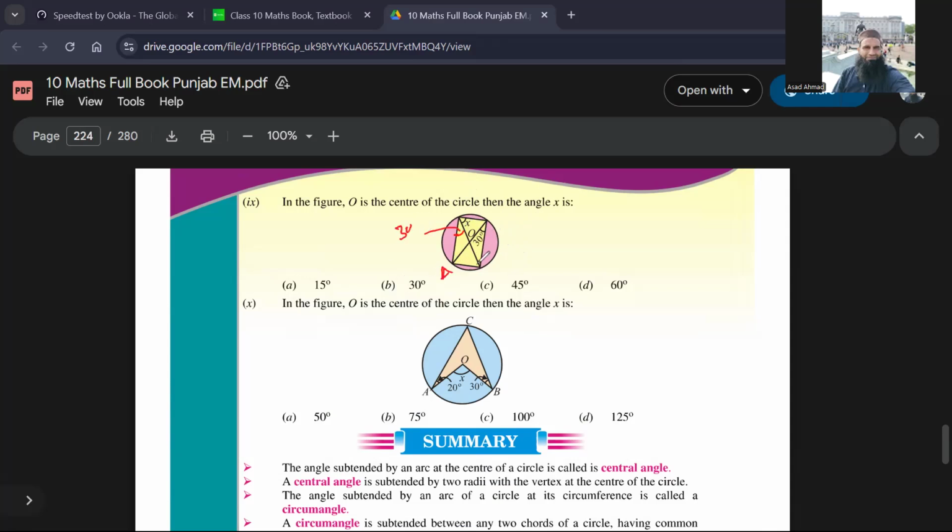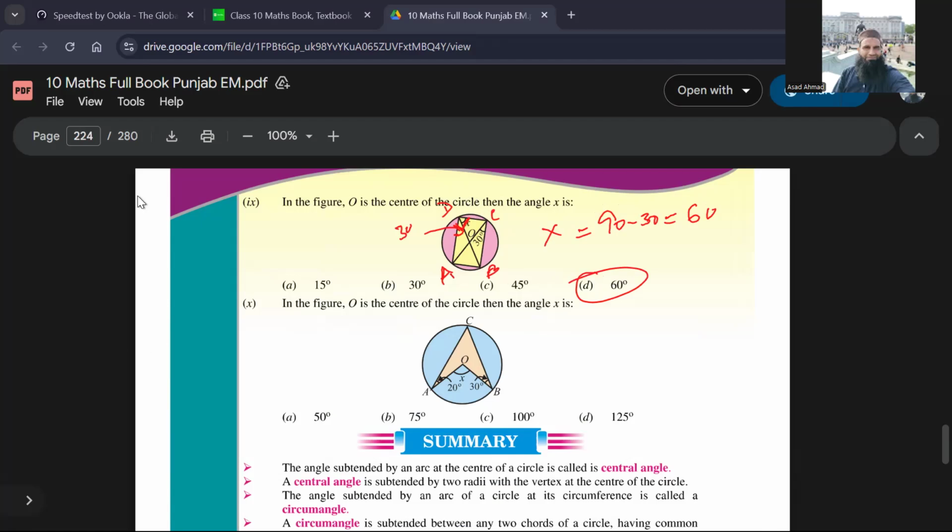If AB is an arc, it is making an angle at point C of 30 degree, then the same AB will be making an angle of 30 degree on the other side. Another fact is that AC is the diameter, so this part is 90 degree because angle in a semicircle is 90 degree. So 90 minus 30 will become 60 degree and it is the required x. So your answer will be 60 degree.